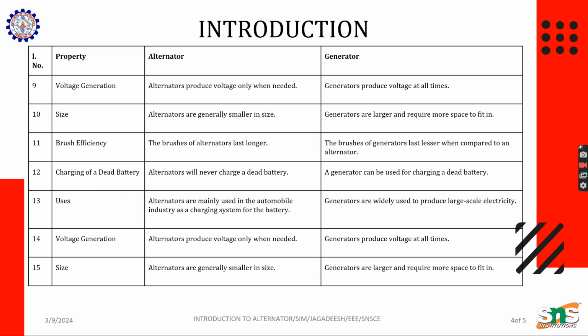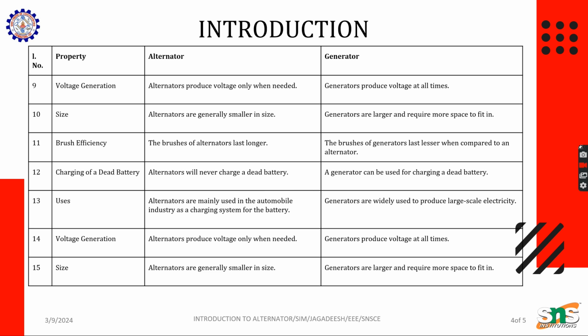So these are the major differences between the alternator and the generator. The rest of the operation, working principle, and construction almost remain same. In case of DC generator, it's a DC supply and the armature holds a single winding.